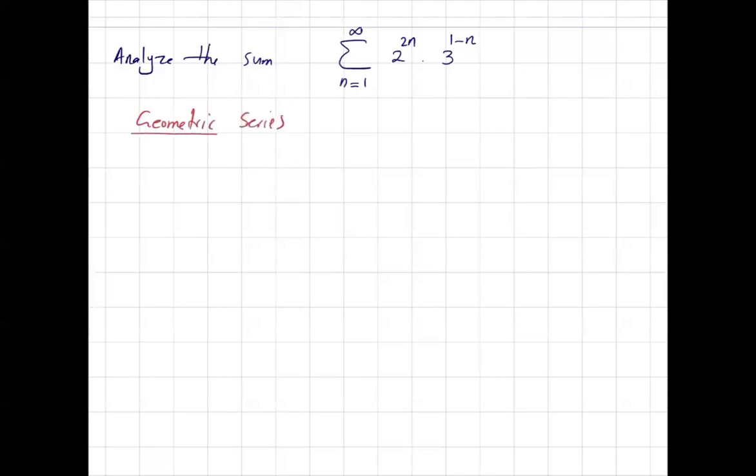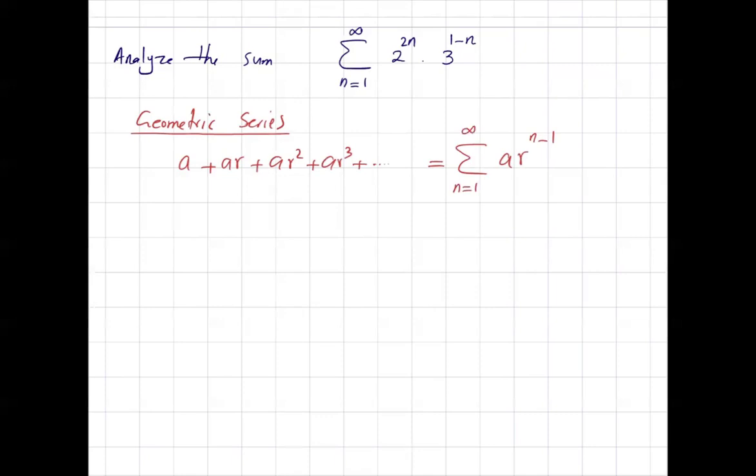For a geometric series, the terms of the series were written as A plus AR plus AR squared plus AR cubed plus the rest of the terms, or summation of AR to the power n minus 1, starting from 1 and going to infinity.